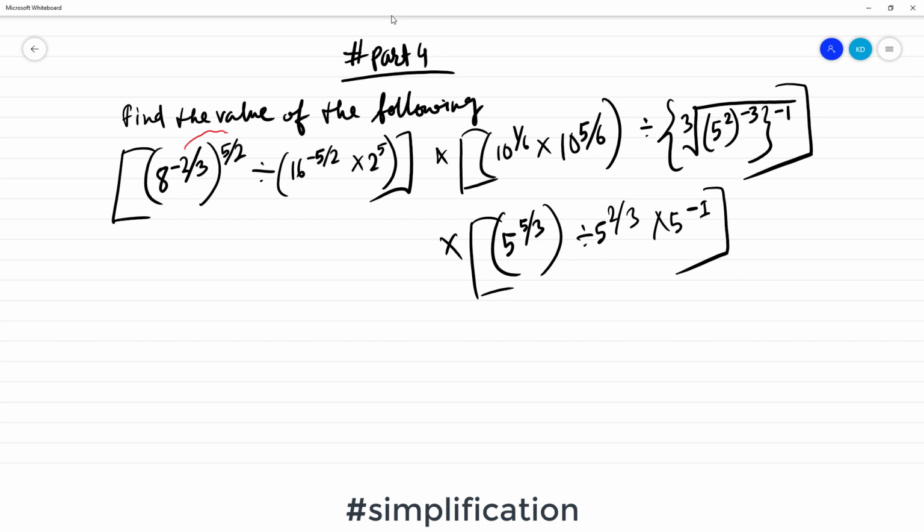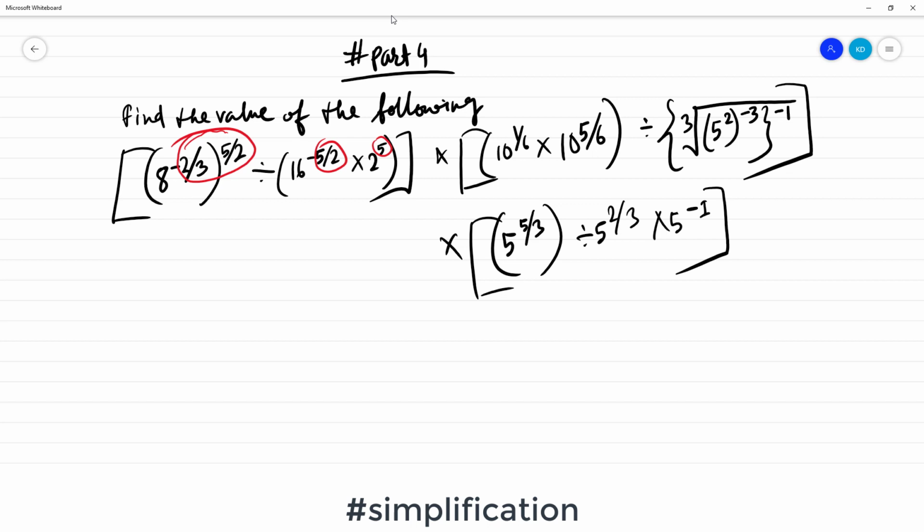So let's start. First of all, this is a very complex question, and don't be afraid to see this kind of power, this kind of power. We will definitely discuss how to solve this kind of problem.